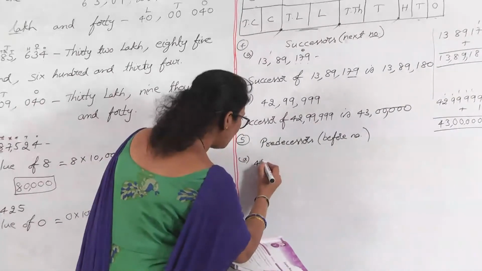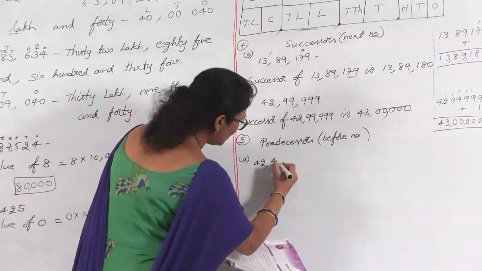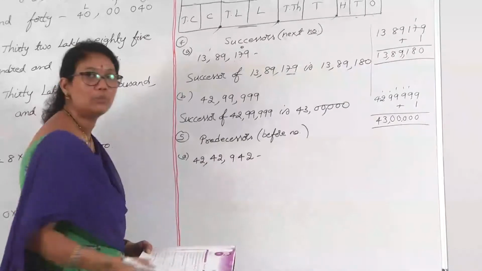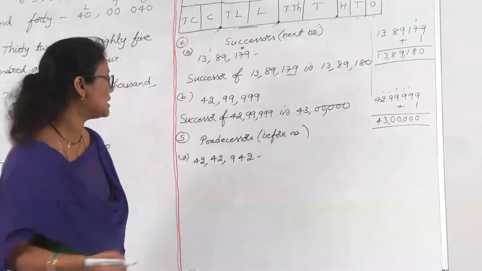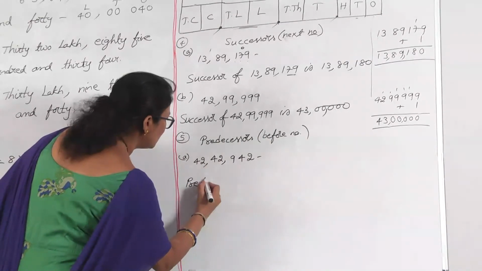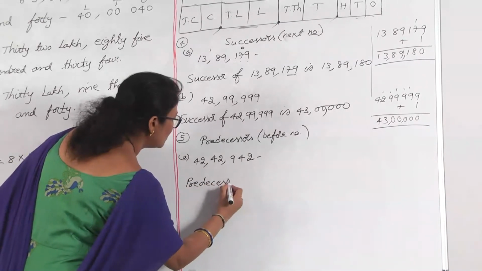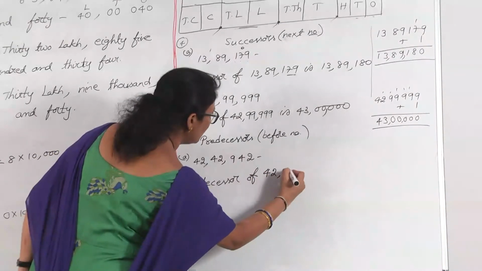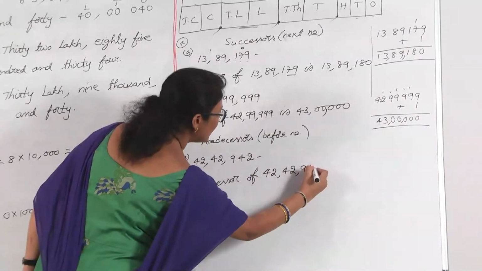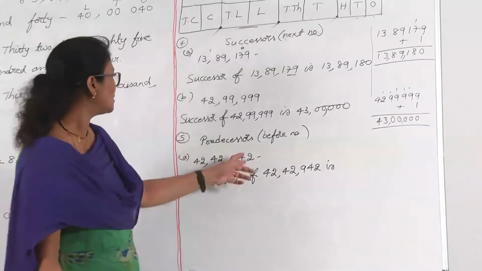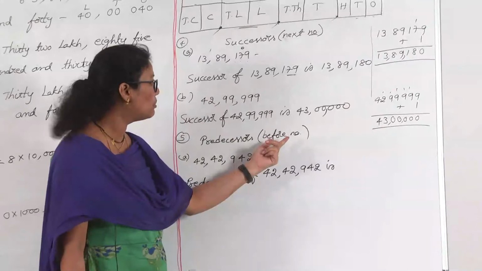It is 42 lakh 42,942. Now, the predecessor of this number is asked to write. So, let us see how to write the predecessor. Predecessor of 42 lakh 42,942 is, as we said, the before number.